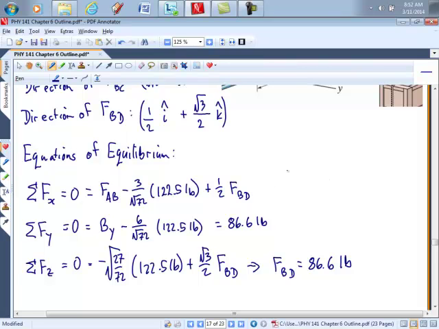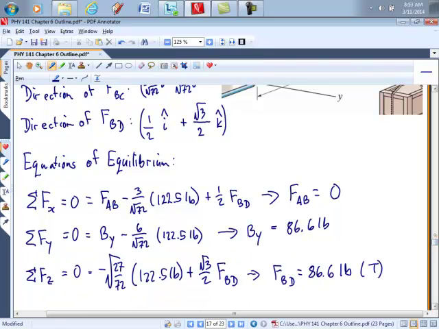Solve this one for FAB. FAB equals 0. All right, so let's put those in on our diagrams.